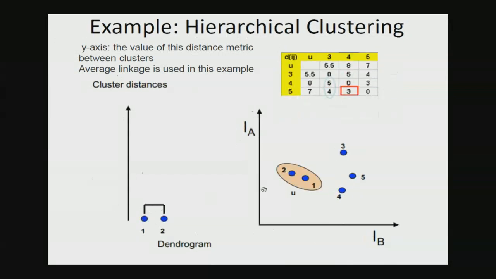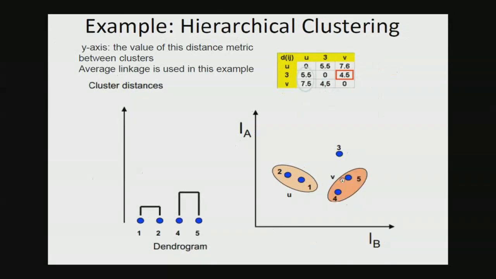Okay. And then now we have 4 and 5. They form another cluster. And again, we update the distance matrix. Now we have 2 clusters, U and V, and a single point, data point 3. Again, we perform the same thing using average linkage and Manhattan distance, and we can get all these values.